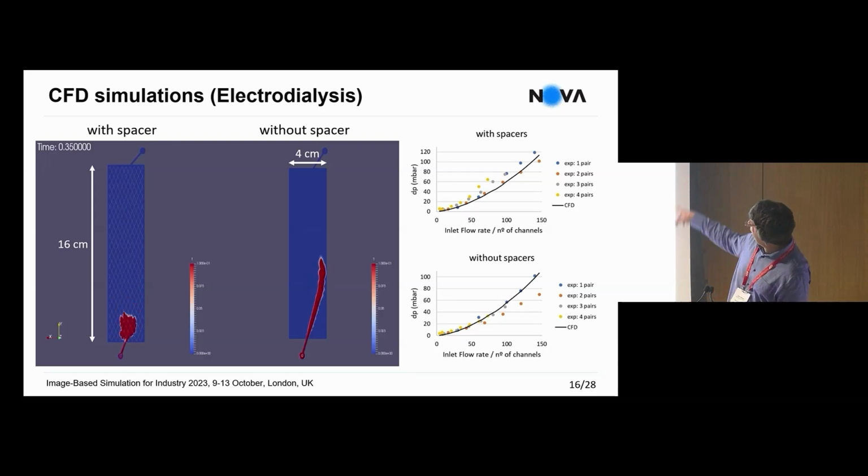And here on the right, you can see a comparison between CFD results and experimental results obtained in 4 different stacks for different flow rates. As you can see, the dots are the experimental results. The line is the CFD predictions, and you can see that we are obtaining quite good agreement.